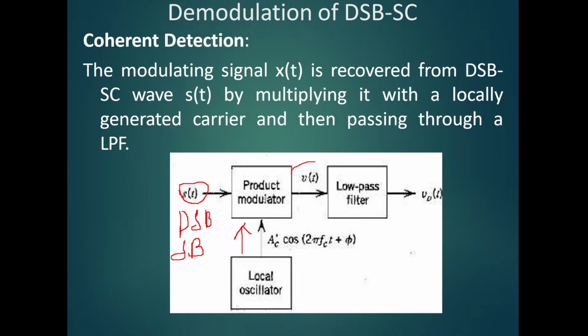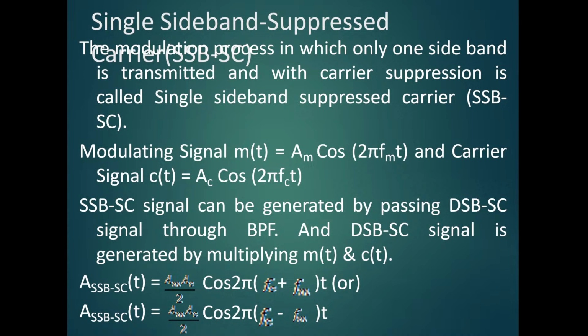The output produced is then given to a low pass filter to obtain the original signal. So this is the block diagram of demodulation of a DSB-SC.